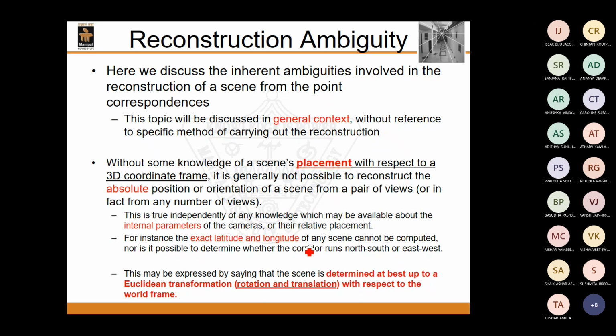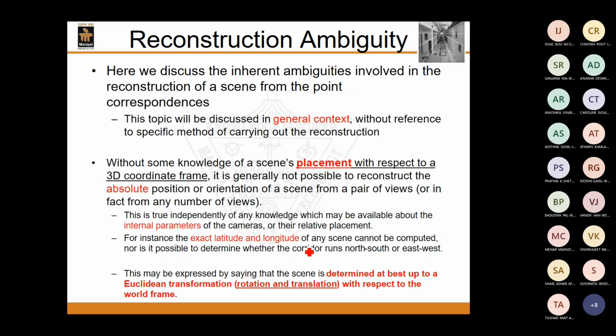And reconstruction ambiguity means that after you have reconstructed a particular scene, reconstructing meaning you're trying to find the 3D coordinates of the actual 3D points in the world coordinate frame, right? When you're doing such a reconstruction, there are some ambiguities that may be present.